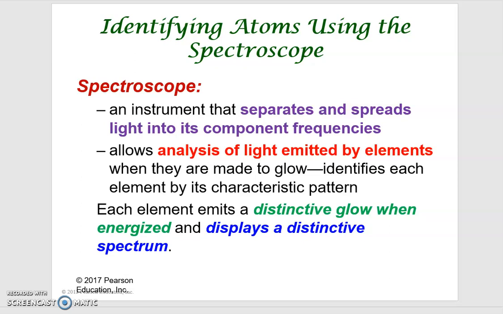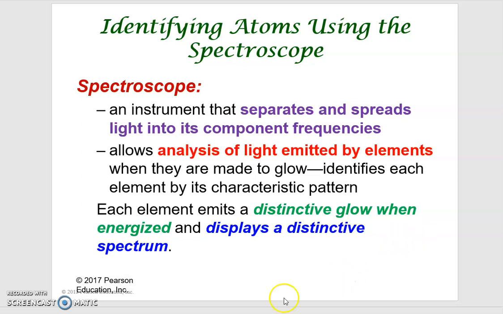When you try to analyze the properties of an element, you have to separate the light from the individual element into its component frequencies. This is a very important instrument to help us analyze the properties of elements. The light emitted from every single element is actually a distinctive glow when it is energized.